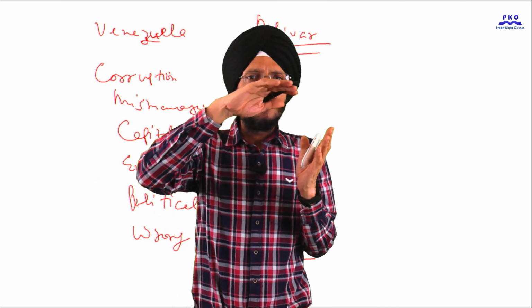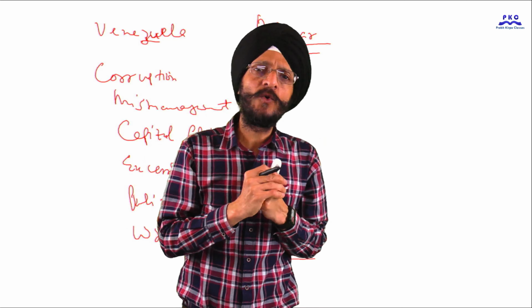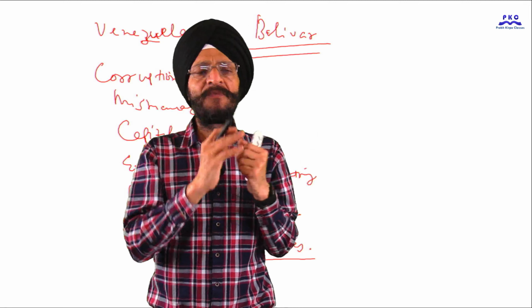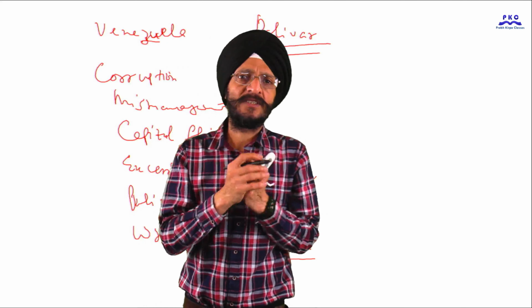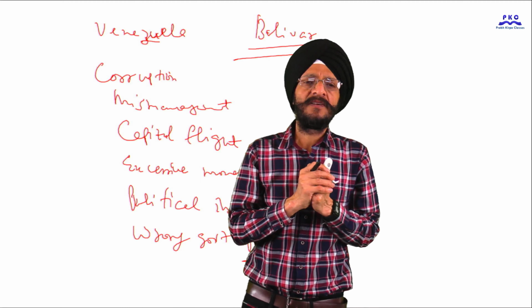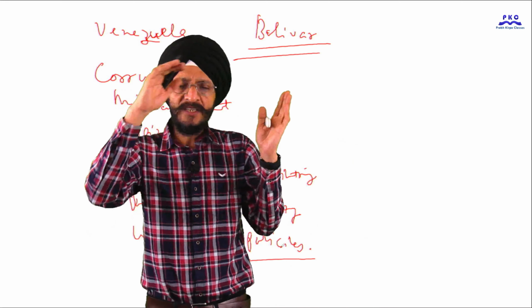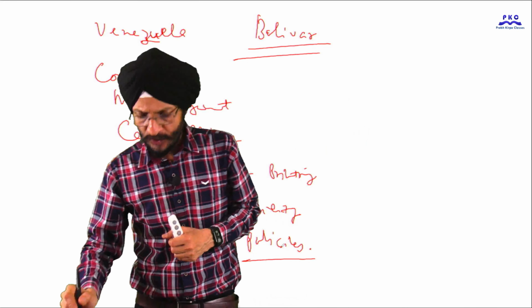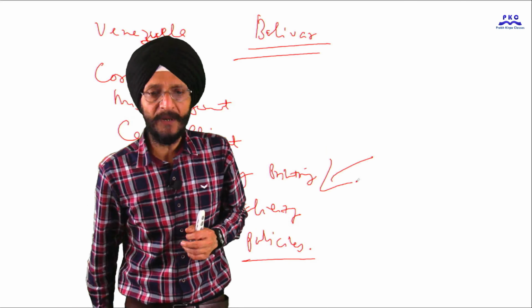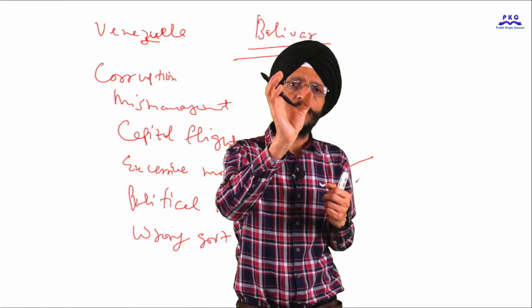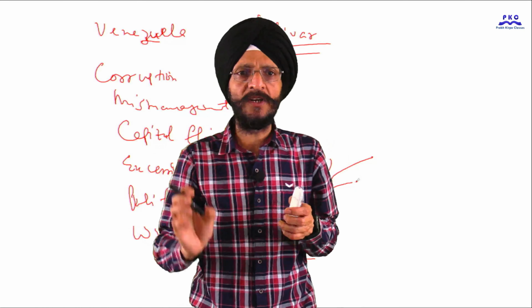The currency of that country has not even stabilized properly. So the example of Venezuela shows us the adverse effects of political instability, of the government resorting to excessive money printing, or of excessive reliance on a single export commodity.